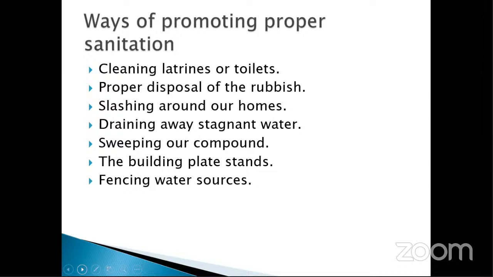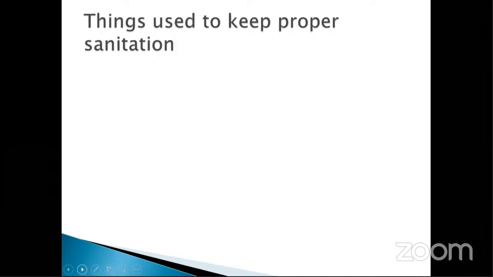Which items? So these are the things that we shall be talking about. So let's have a look at them. And I expect you to give these things used to keep proper sanitation. This is the last part of our lesson, and then we shall call it a day for today.